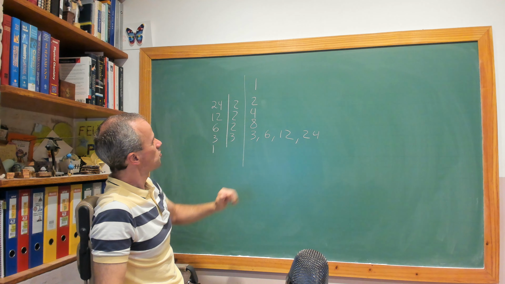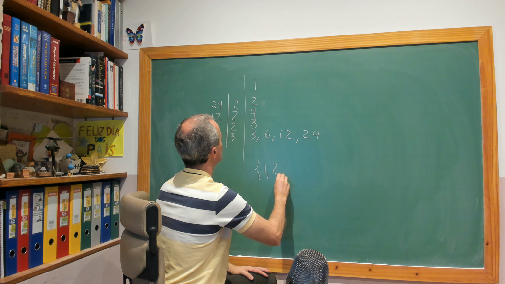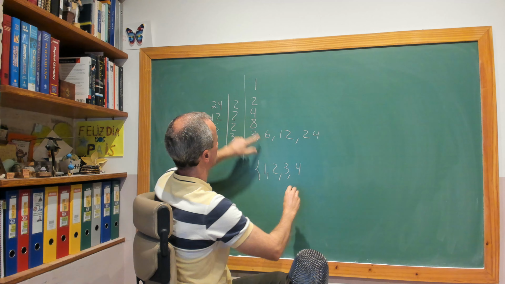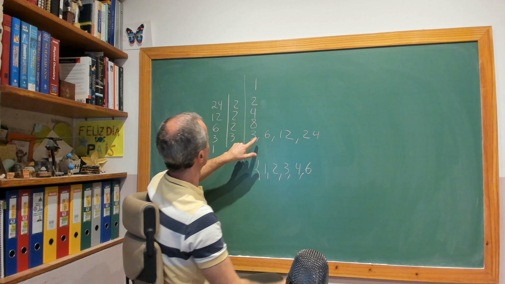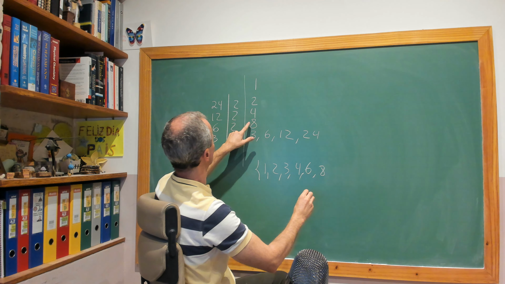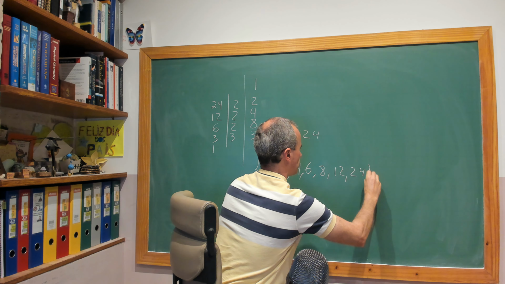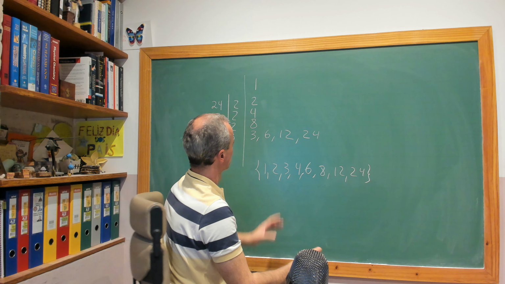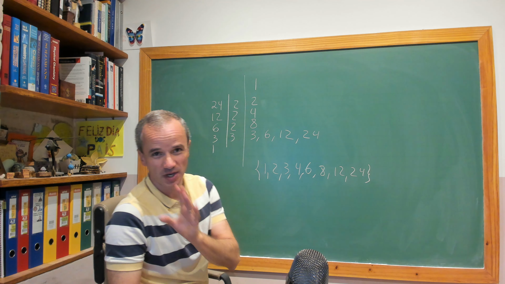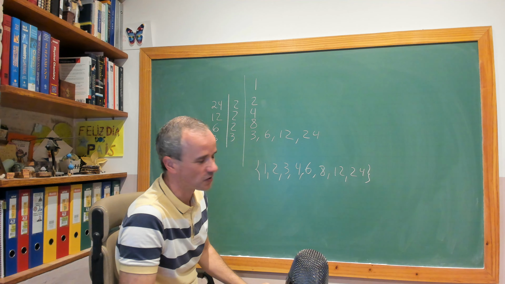Okay, so those are the divisors: 1, 2, 3, 4, 6, 8, 12, and 24. So 1, 2, 3, 4, 5, 6, 7, 8. We have 8 divisors for 24.